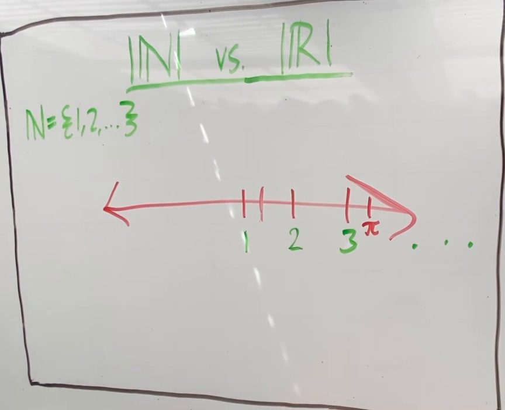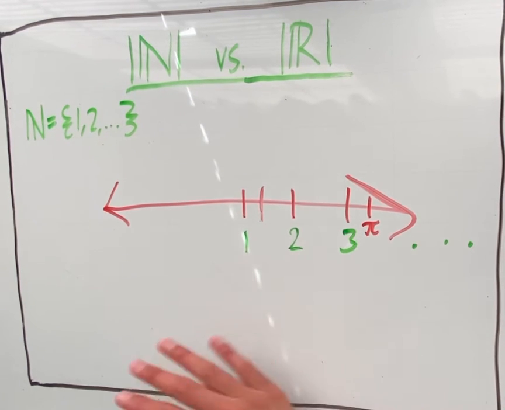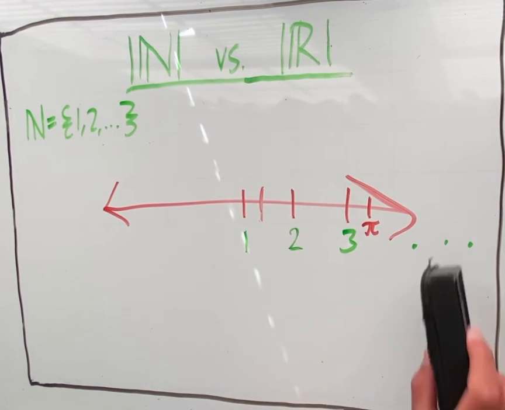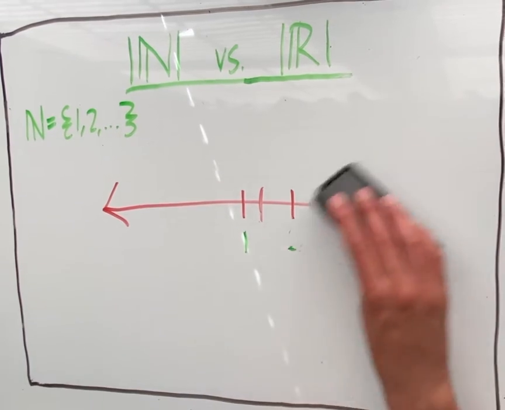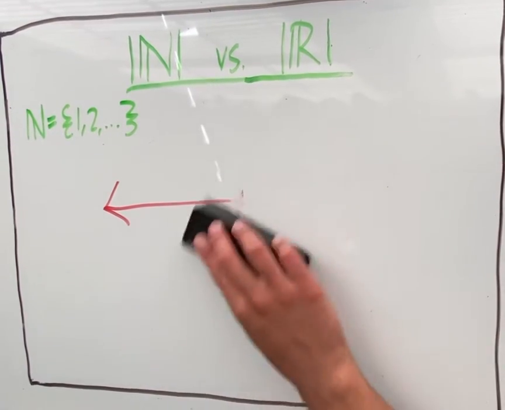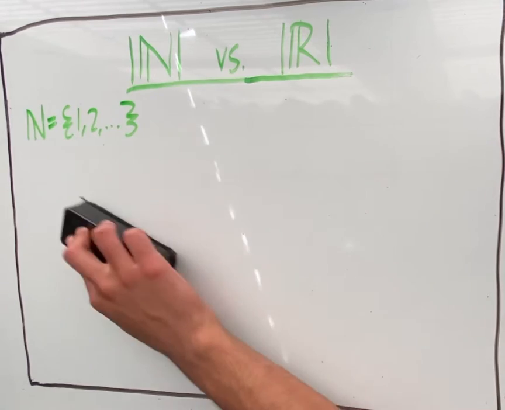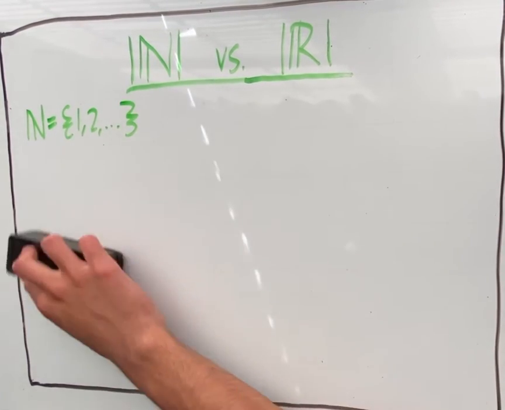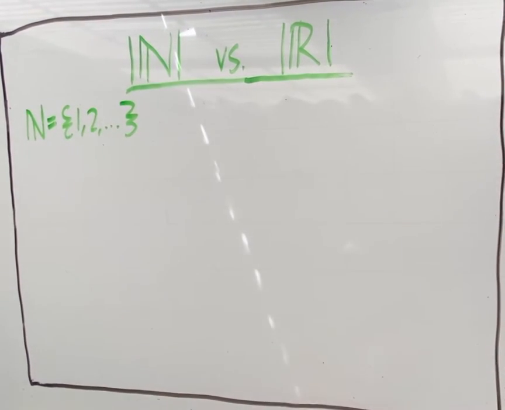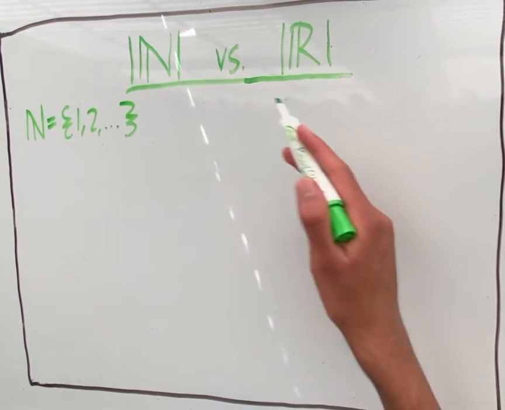And again, it seems like there are just a lot more real numbers. All of the naturals are real numbers, and a whole lot of other things are also real numbers. So our intuition would say that there are more reals than naturals, but the same intuition is there for the integers and the rationals, and in both cases the cardinality turned out to be the same. So the question we have to ask ourselves is, does there exist a bijective function from the naturals to the reals?